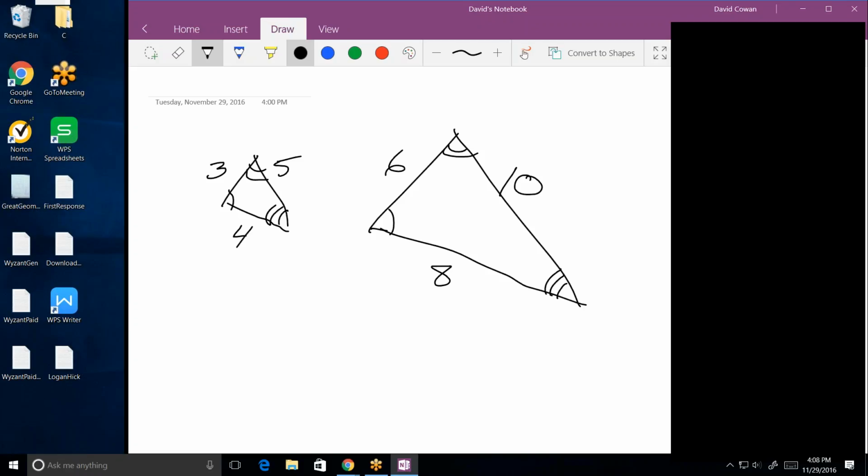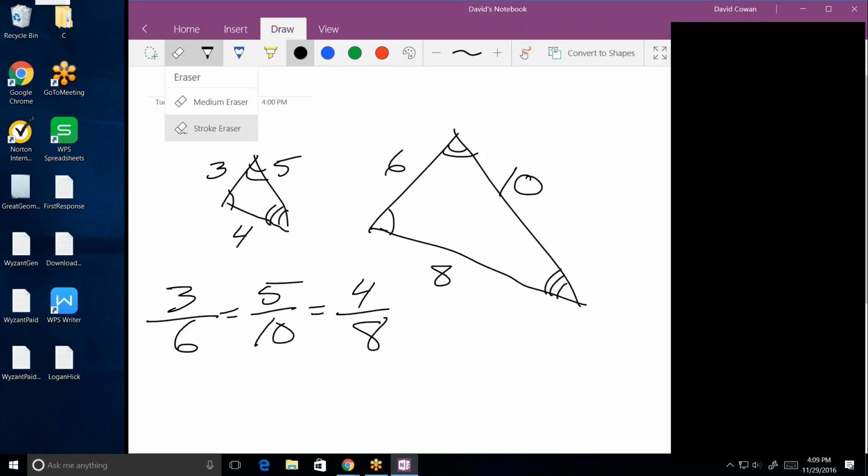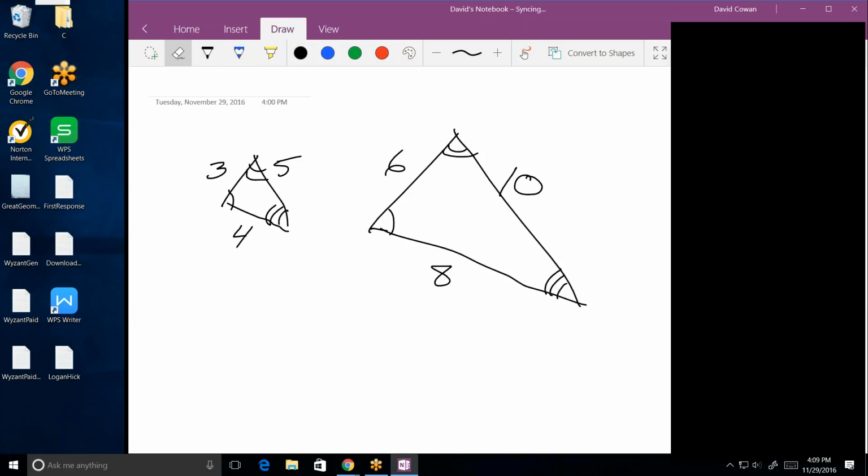I can compare this side of 3 to this side of 6 and say 3 is to 6 as 5 is to 10 and as 4 is to 8. You with me? Yep.